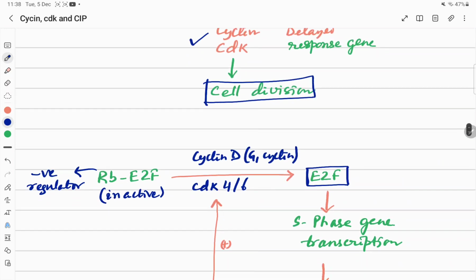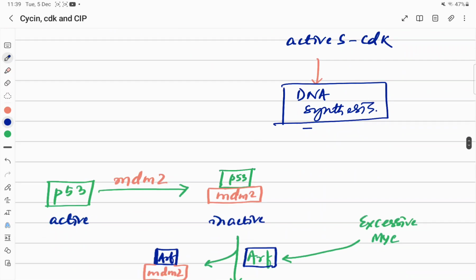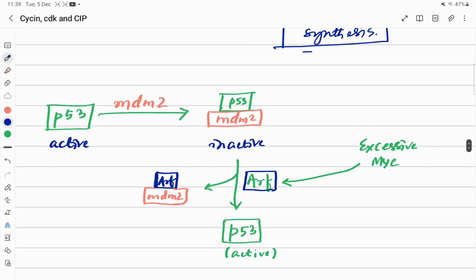E2F helps in S phase of cell cycle, and it is inhibited by retinoblastoma, so retinoblastoma acts as a negative regulator. Then another negative regulator is P53, which with MDM2 forms a complex and becomes inactive. So P53 with MDM2 is inactive, and when it is free from MDM2, it becomes active.